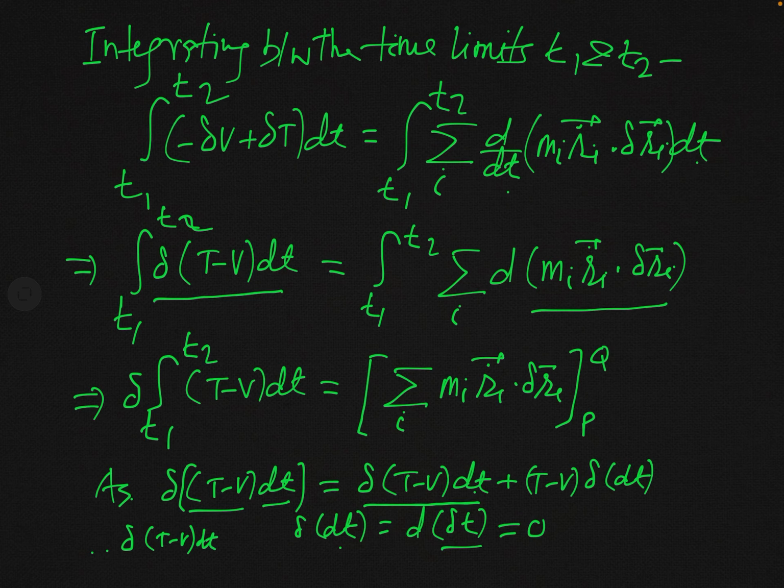Now see here, as I have mentioned earlier in the conditions which must be followed for the derivation of this Hamilton's variational principle, that this delta ri must vanish at the endpoints. So you can see this delta ri will be 0 at P, and this delta ri will be also 0 at Q. So the term in RHS will vanish at these points P and Q, and hence we can write this expression in this way.